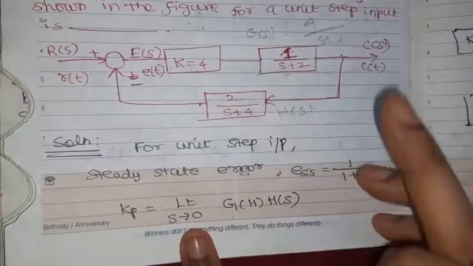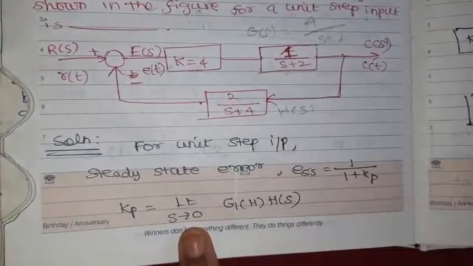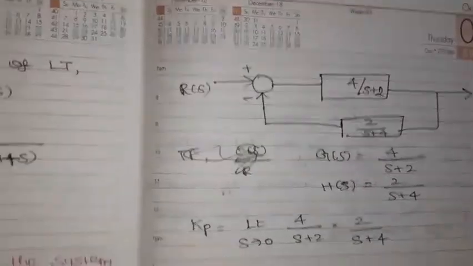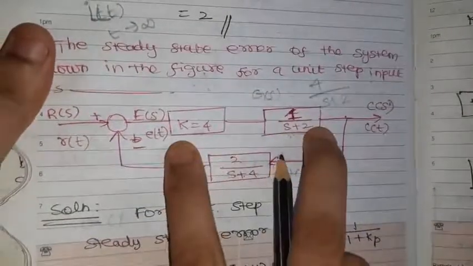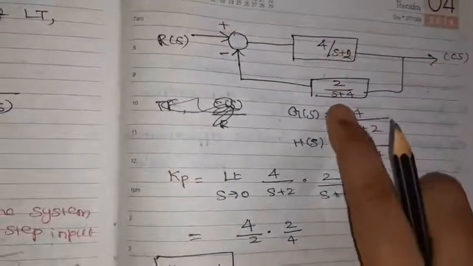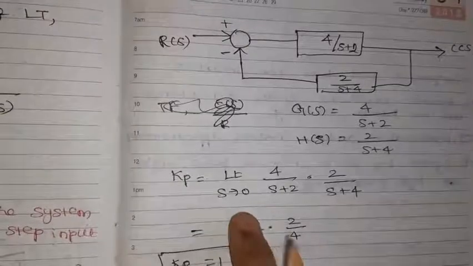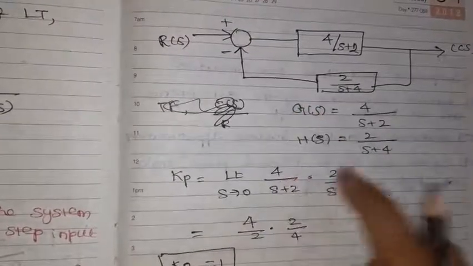So this is G of s, this is h of s. Just substitute in this formula, limit s tends to 0. So in short, cascade connection is just a multiplication, then limit s tends to 0 of g of s into h of s.